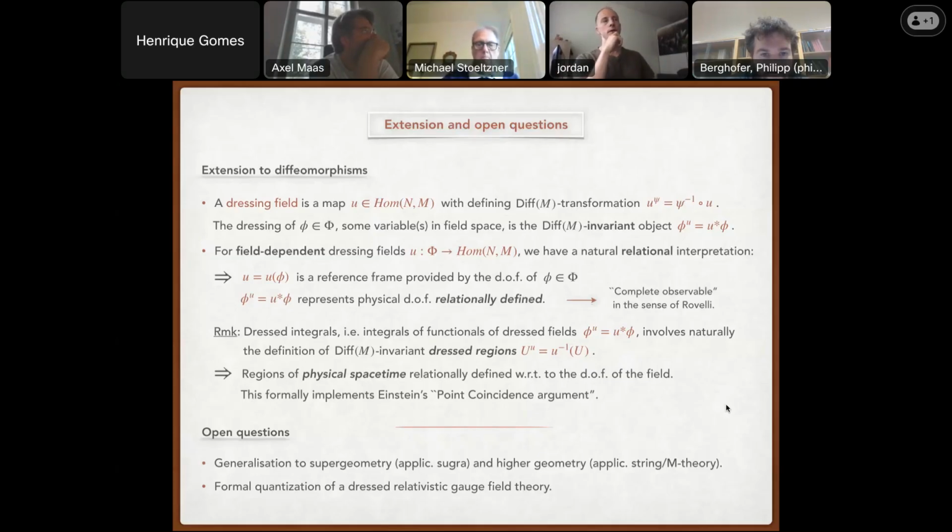And so the idea was that the degrees of freedom, in that case the points of spacetime, are individualized relationally, by the respective value configuration of fields on top of each other.